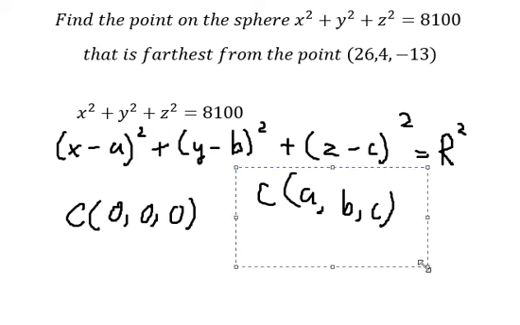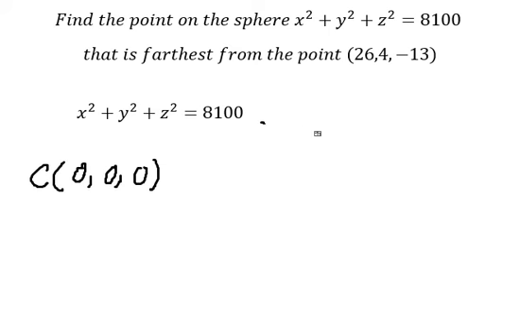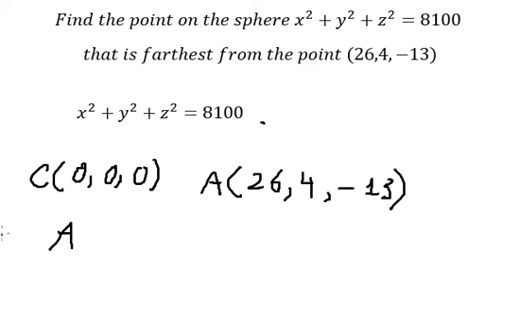Now, the next one. We put the point A, that is 26, 4 and negative 13. Now we need to find vector CA.